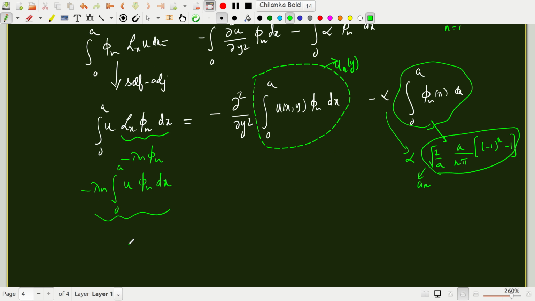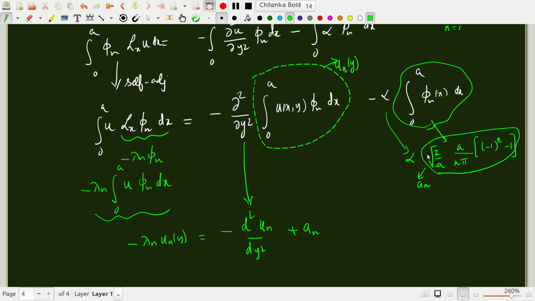This is nothing but minus lambda n un of y, minus, this partial will become ordinary because this is a function of y only, d squared by dy squared of un, plus, so I'm going to call this entire thing, including the negative sign, as an.